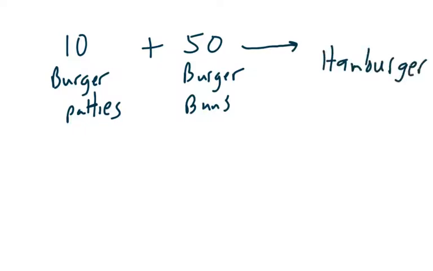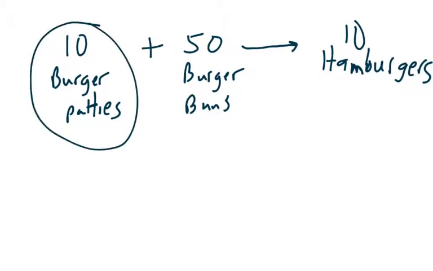So the question is, based on the amount of reactants that I have, how many hamburgers can I make? Think about that. Now, you should have answered 10 hamburgers. I can only make 10 hamburgers, and the reason for this is because I have a reactant that limits how many burgers I can make, and that is the patties.